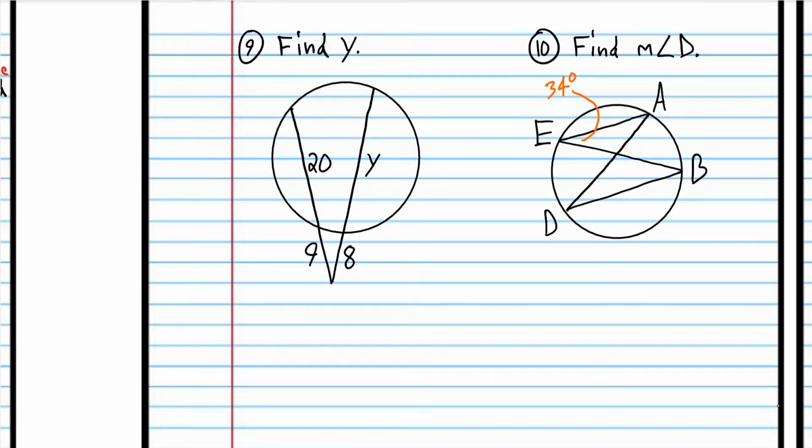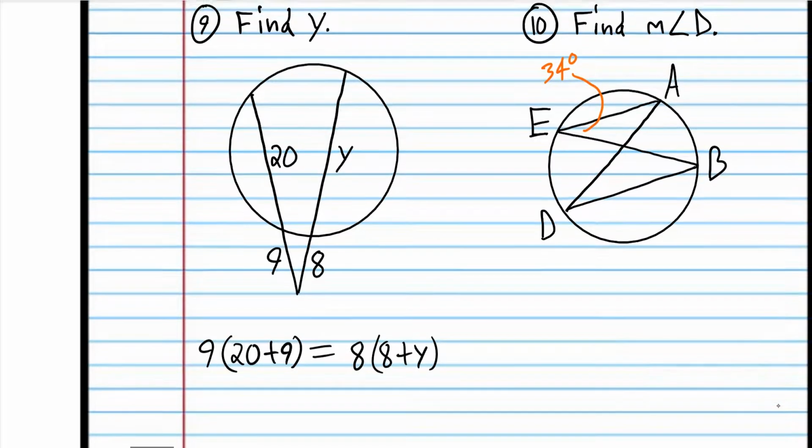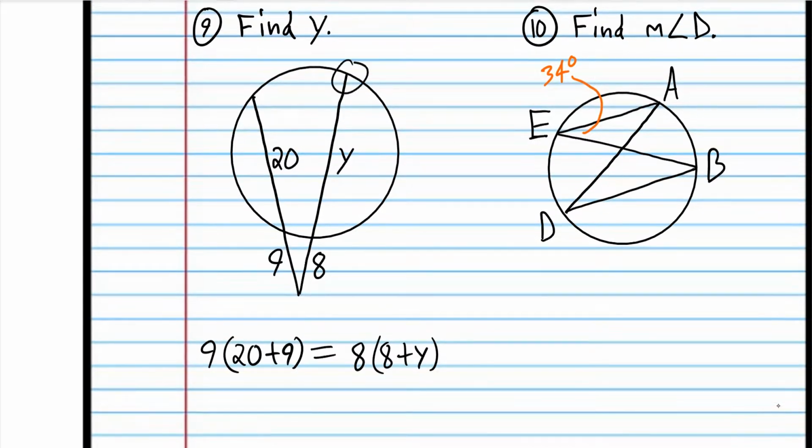If we have two secant segments, the total length of one of the segments times the external length is equal to the total length of the other segment times the external length. And that's, of course, if the segments terminate on the actual circle. If they go farther than that, then that theorem doesn't work.